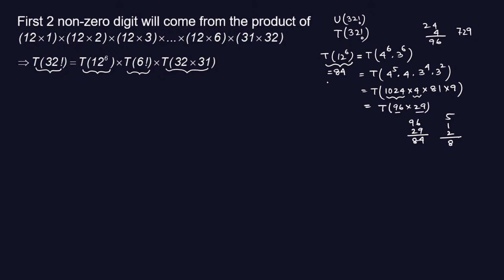Okay, what about factorial 6? Factorial 6 is 720. So what are the 2 non-zero digits in 720? It is 72. So for 12 to the power 6, I am writing it here, it is 84, and for factorial 6 the 2 non-zero digits will be 72, and for 32 into 31, again we can find out the last 2 digits.